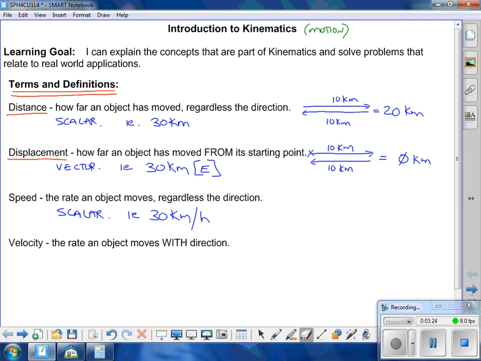Velocity is how fast you go in a direction. So if my velocity is 30 kilometers an hour east, it is the rate and how I'm moving with a direction. That's the only difference between speed and velocity. Velocity requires you to tell me which direction you're going. Speed, I don't care which direction you're going. Hopefully not backwards if you're giving me 100 kilometers an hour.